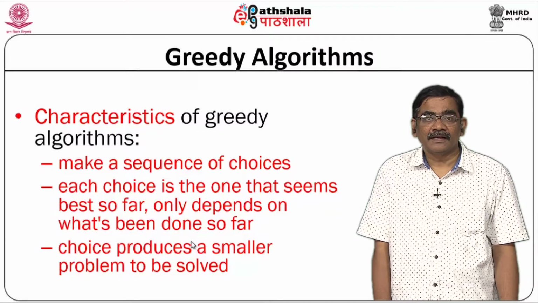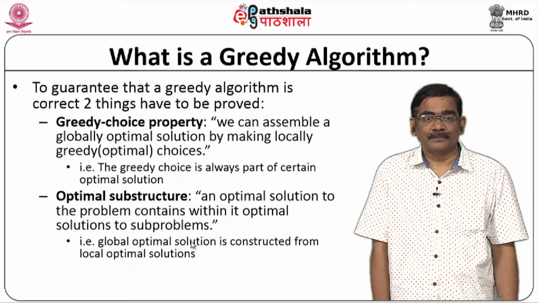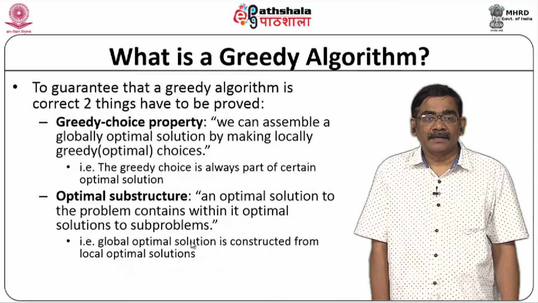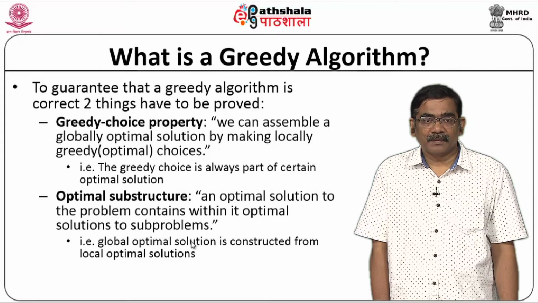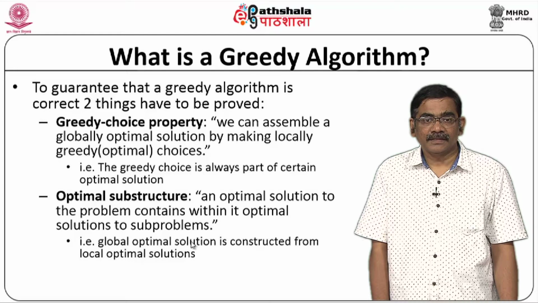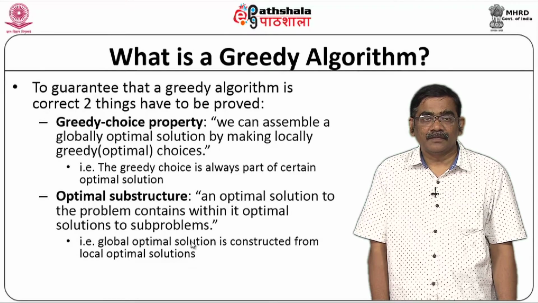These are some of the salient features of any greedy approach. In other words, the greedy algorithm should satisfy these two properties, greedy choice property and optimal substructure. Greedy choice is always part of a certain optimal solution is what the greedy choice property is all about.